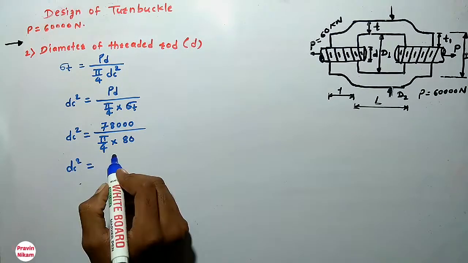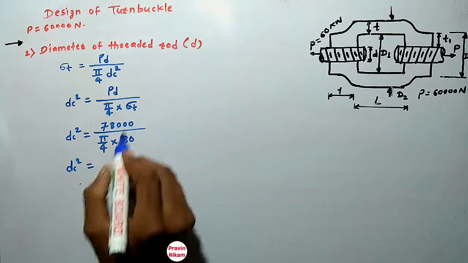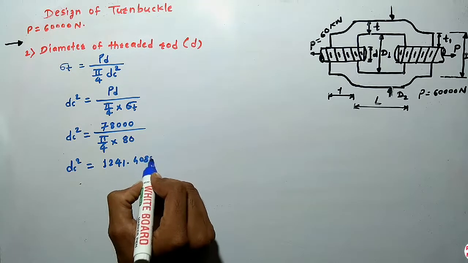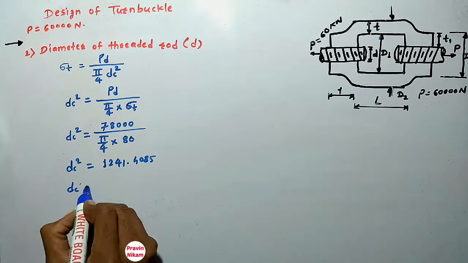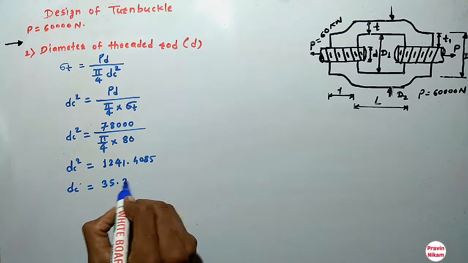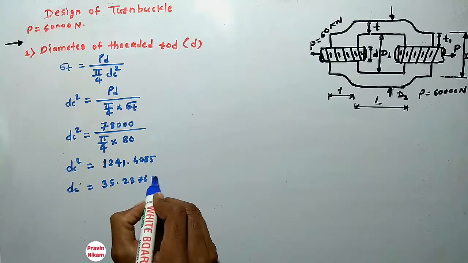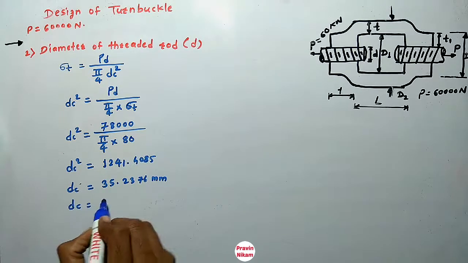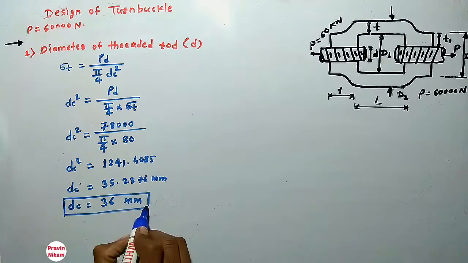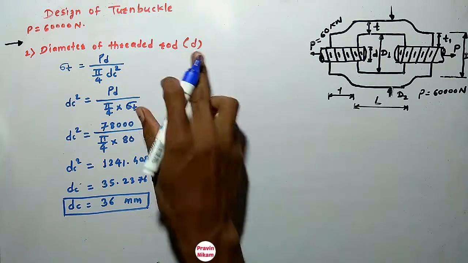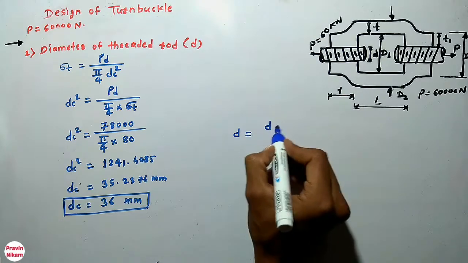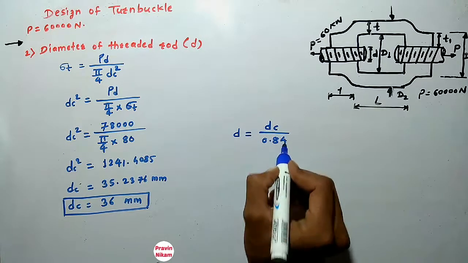So DC square becomes 1241.4085. Take the root of this answer, you will get 35.2376 mm. So DC is equal to 36 mm. Now find the nominal diameter of this tie rod, that is D. So D is equal to DC divided by 0.84.